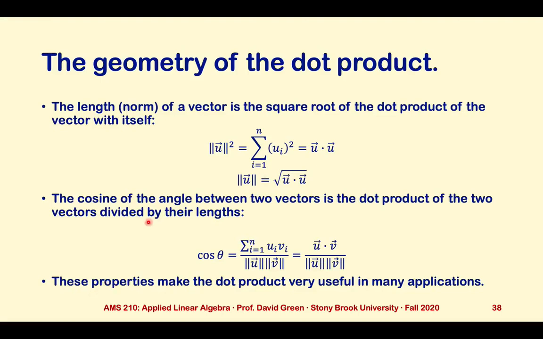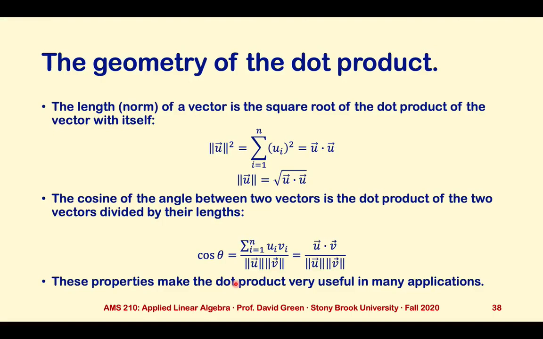These properties, that both the length of a single vector and the cosine of the angle between two vectors can be defined in terms of dot products, make this an incredibly useful operation in many, many applications.